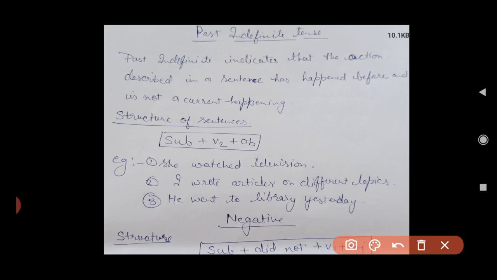Okay, let's start. Students, past indefinite indicates that the action described in a sentence has happened before. Means the action that happened in the past, in previous time. These are actions which were completed in past time.